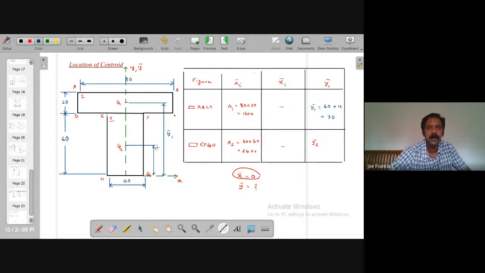So this is our y2 bar. Right. So y2 bar will be equal to just 60 by 2. It will be 30.